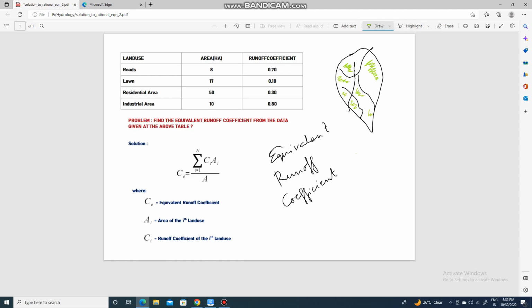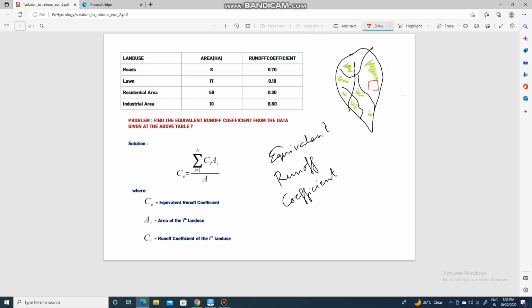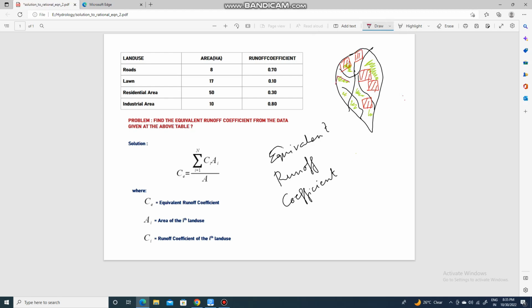Some part of it is residential area. Suppose these are the parts where the residential area is. These are all residential areas. And some part of the watershed is industrial area.